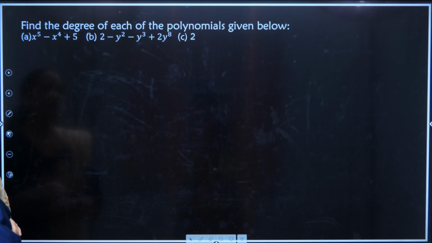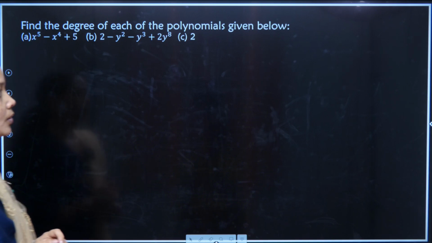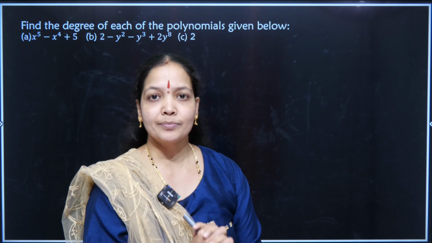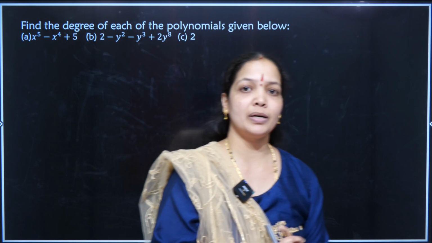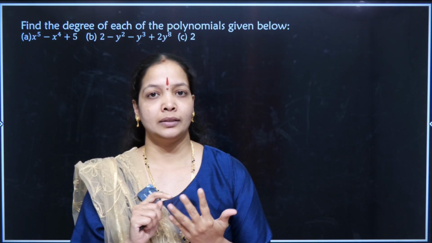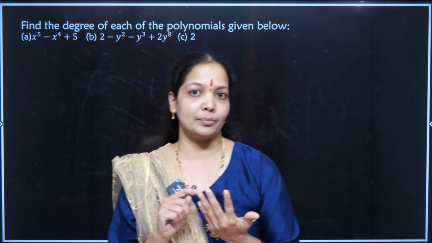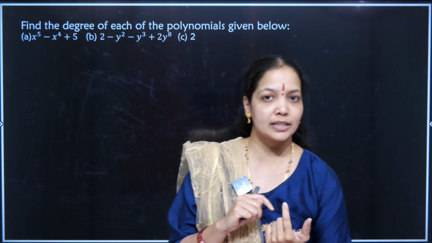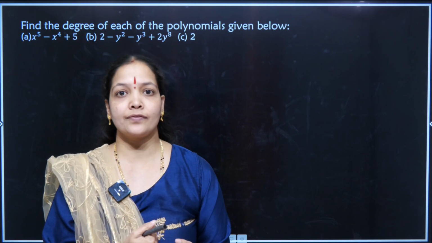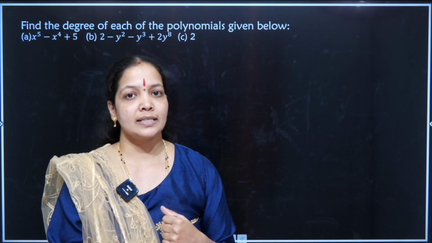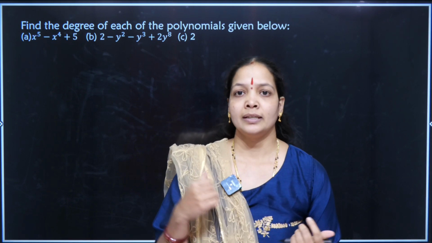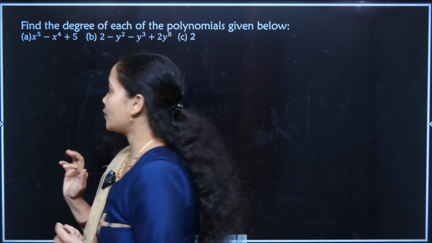Analyzing further, find the degree of each of the following given below. If you have just seen the video from the beginning and understood the major factors, like what is a polynomial, what is not a polynomial, how to detect whether the given expression is a polynomial or not, what is the degree of the polynomial, as well as the classification of a polynomial based on degree and terms, this is going to be very easy for you.